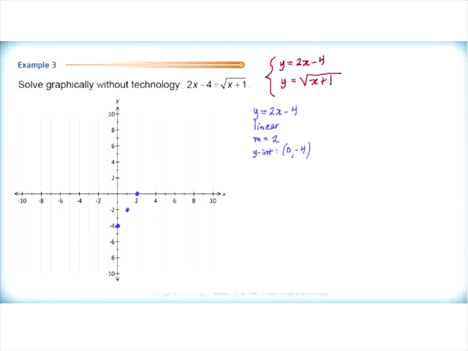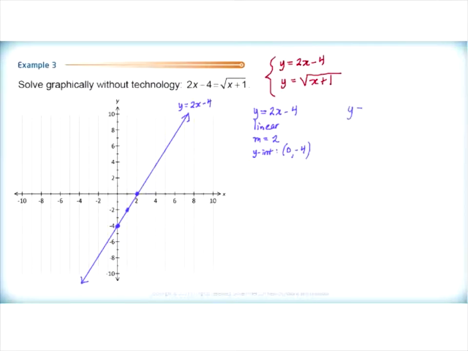I will adjust the line in a second so that it passes through all 3 of these points. So that represents the graph of y equals 2x minus 4.